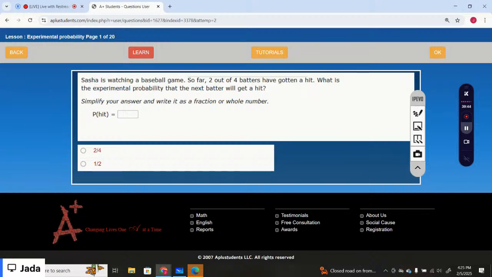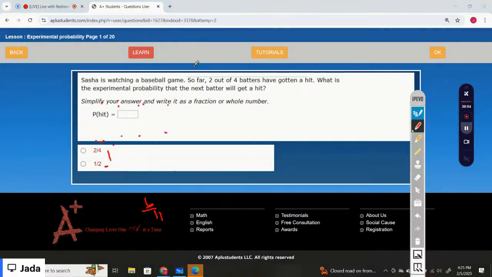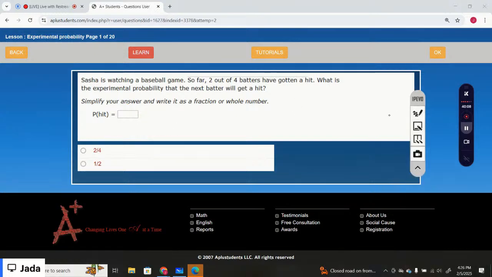So far, 2 out of 4 batters have gotten a hit. What is the experimental probability that the next batter will get a hit? So the probability of a hit is 2 out of 4. The hits are 2 and the total is 4. So you can write it in simplified form, so you can divide them by 2. That is 1 over 2. The correct option is option number 2. That is 1 by 2.